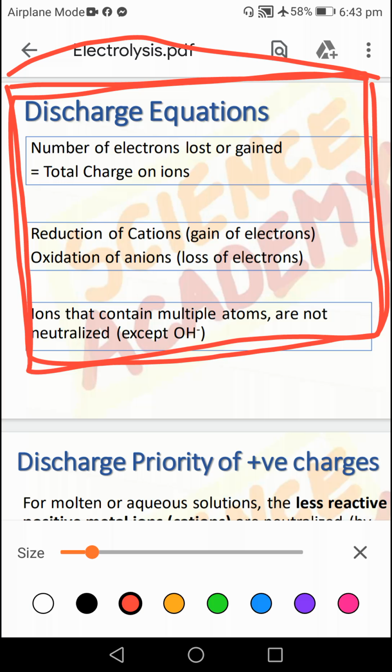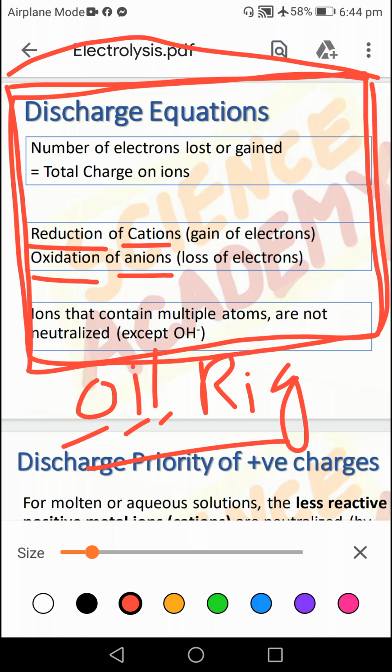First of all, the number of electrons lost or gained must be equal to the total charge. RED CAT means the reduction of cations, and the opposite is the oxidation of anions. And you must remember OIL RIG: oxidation is loss of electrons, and reduction is gain of electrons.